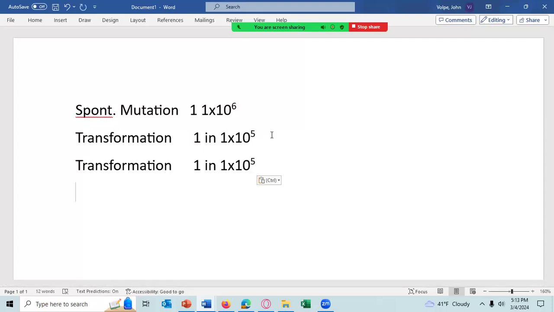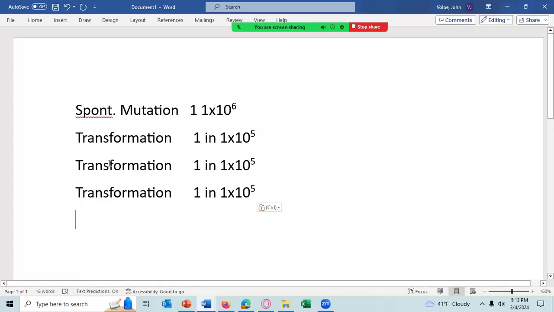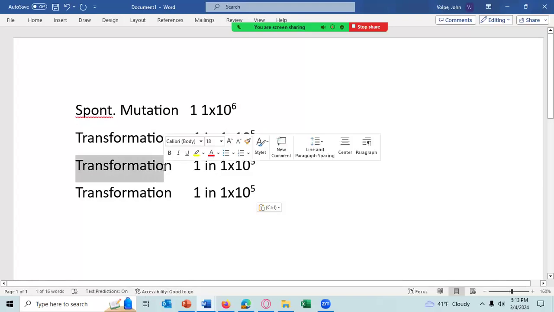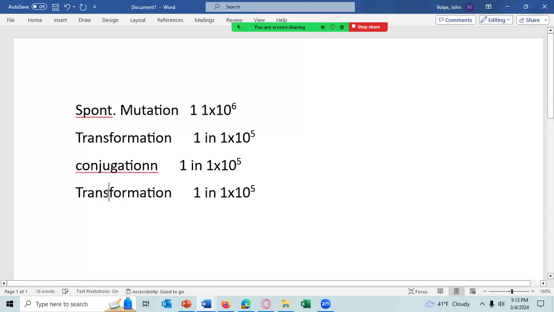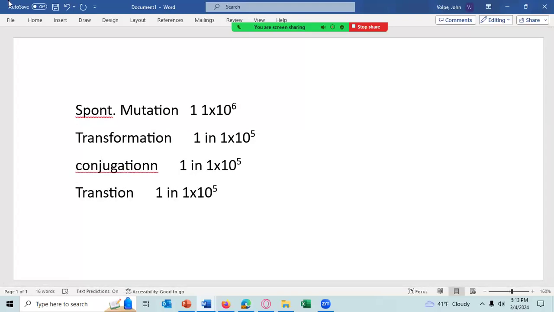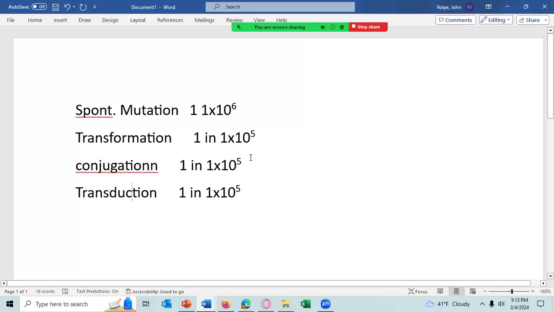And the same with conjugation, and then transduction. Meaning that if a cell is likely to pick up a new gene, it's 10 times more likely to happen by transformation, conjugation, and transduction than it is by spontaneous mutation.